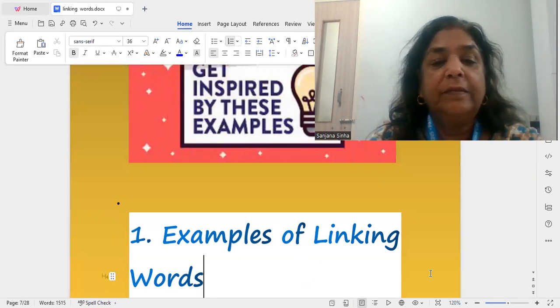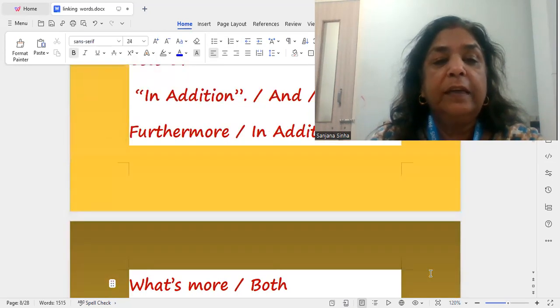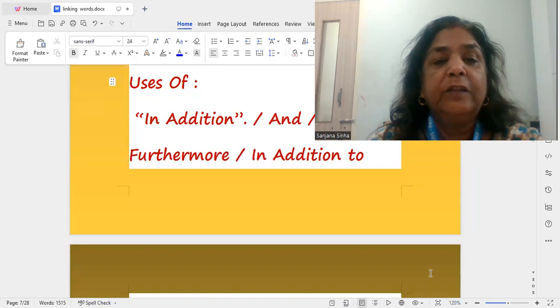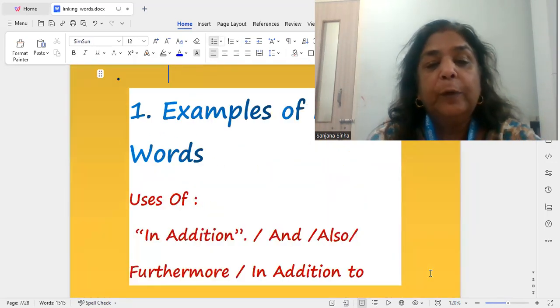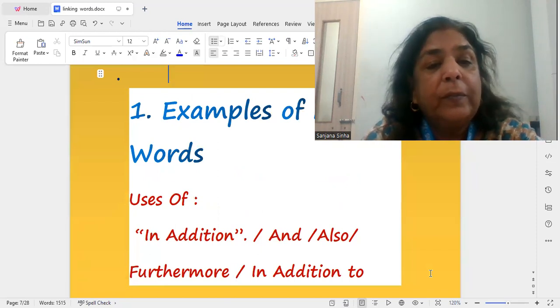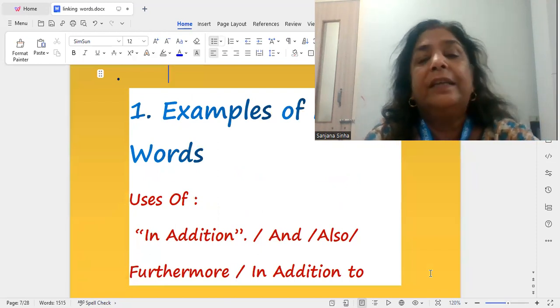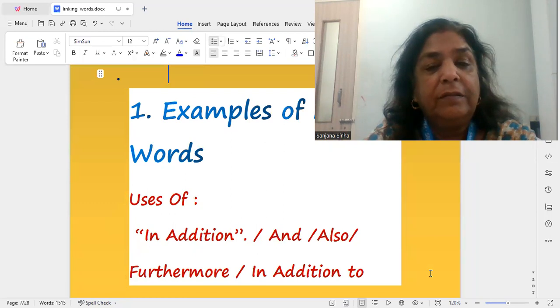Example number 1, we are using in addition and also, furthermore, in addition to. How to use these words in sentences? In addition and also, furthermore, in addition to.